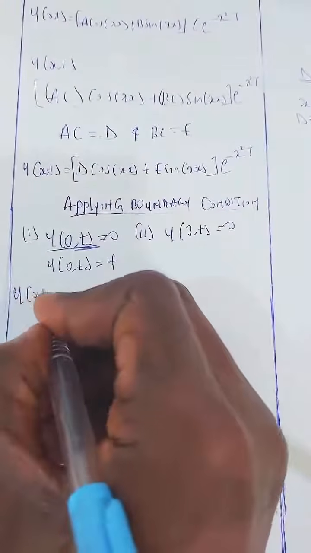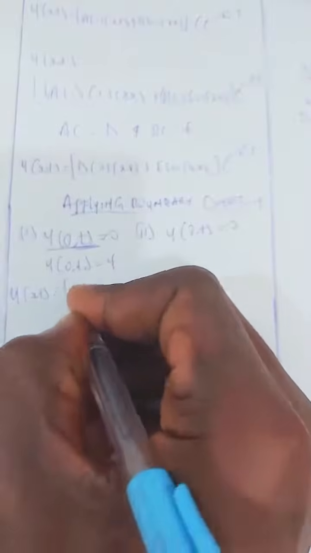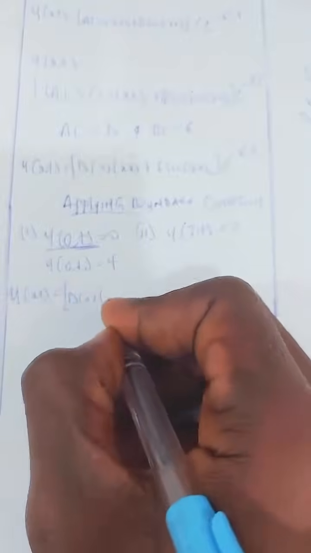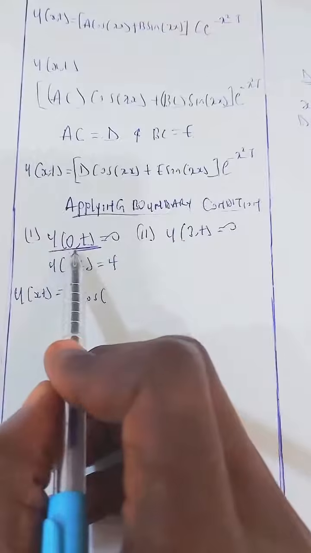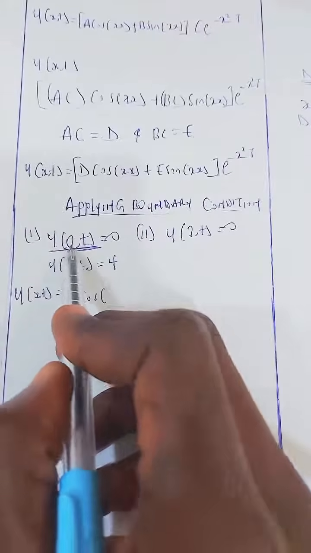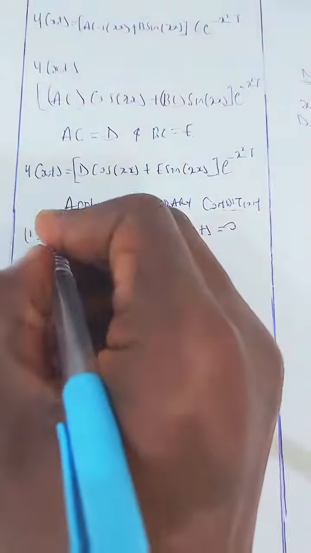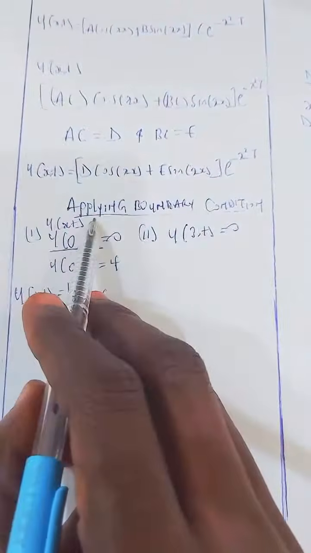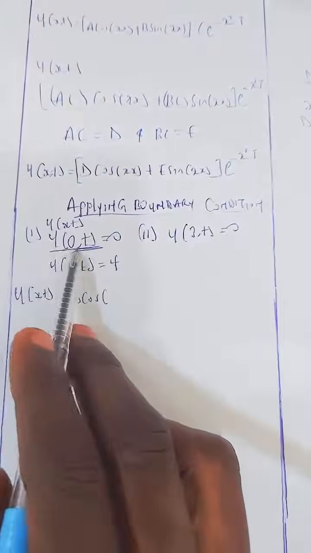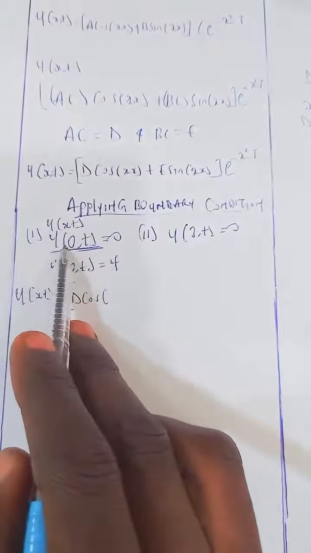Now, following the boundary condition given from the question, this is my first boundary condition, meaning that u as a function of x, t is equal to d multiplying cos(lambda x). Anywhere I see x, I'm substituting 0, because that's my first boundary condition. How do I know that I'm substituting x to be 0? Doing comparison with the general form, we said u is always a function of x and t. So in this case, I'm having (0, t), meaning x is equal to 0.